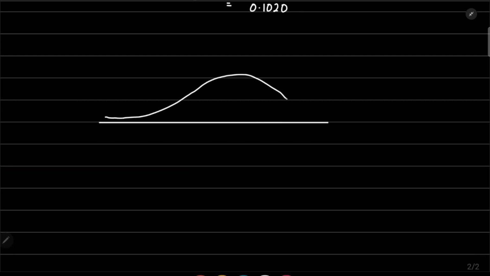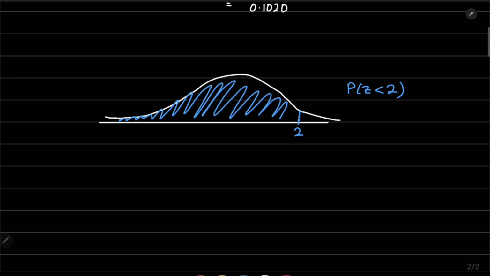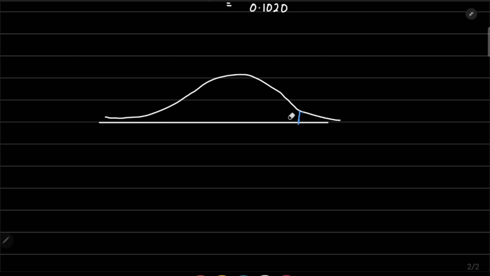Now we know that the normal distribution table values are given for z less than something. If I want to visualize that, if I am given 2 over here and I know the probability of z less than 2, if I have to graphically represent it, this area over here is that. So the probability of z less than 2 is this area. This allows us to answer some trick questions about normal distribution.